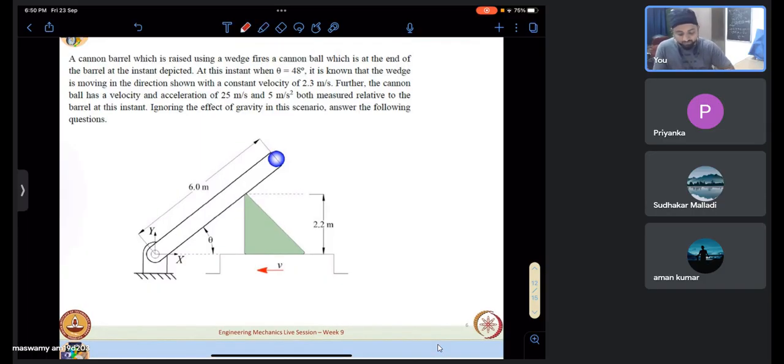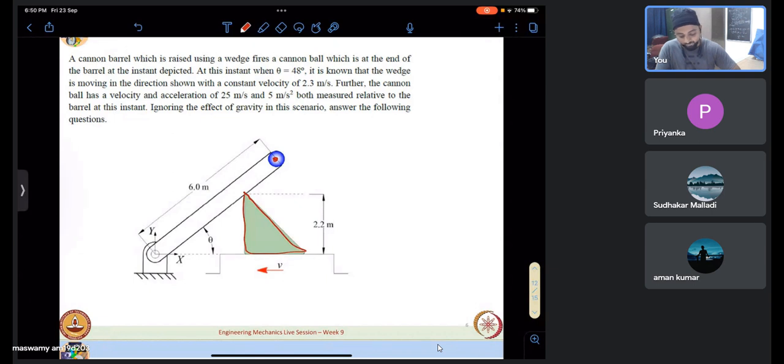A cannon barrel which is being raised by a wedge fires a cannonball. This wedge is being pushed towards the cannon, and that is how it is being raised. It fires a cannonball which, at this instant, is at the end of the barrel, which is of length 6 meters, and moving in a direction shown with constant velocity.